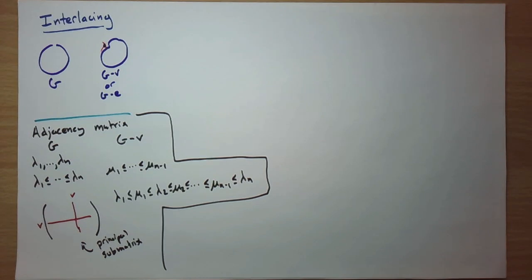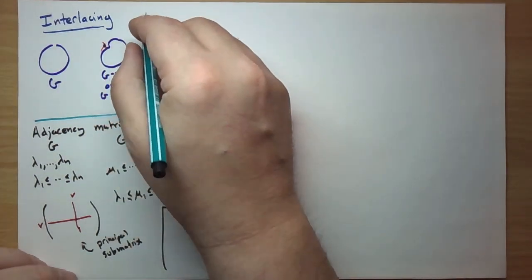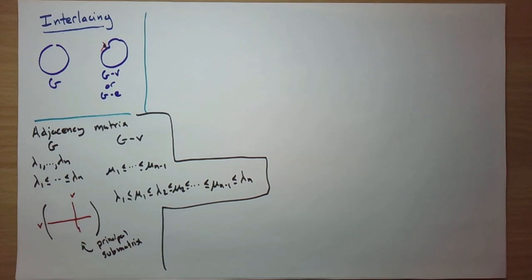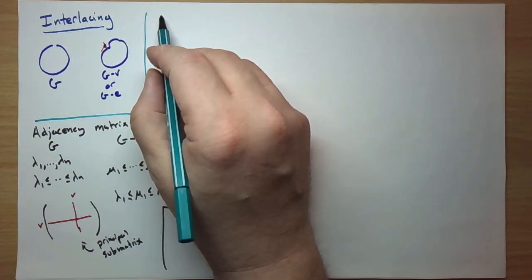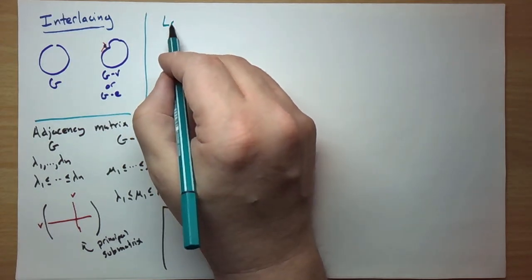So interlacing allows you to say you have certain avoidances of substructure. And then once you know that you avoid substructure, that gives you something you can build off of and say, since I avoid this, my graph must do that. So this is how interlacing can be used, at least in one way. Now that's the adjacency matrix, but of course, we have other matrices. So let's talk now Laplacian.